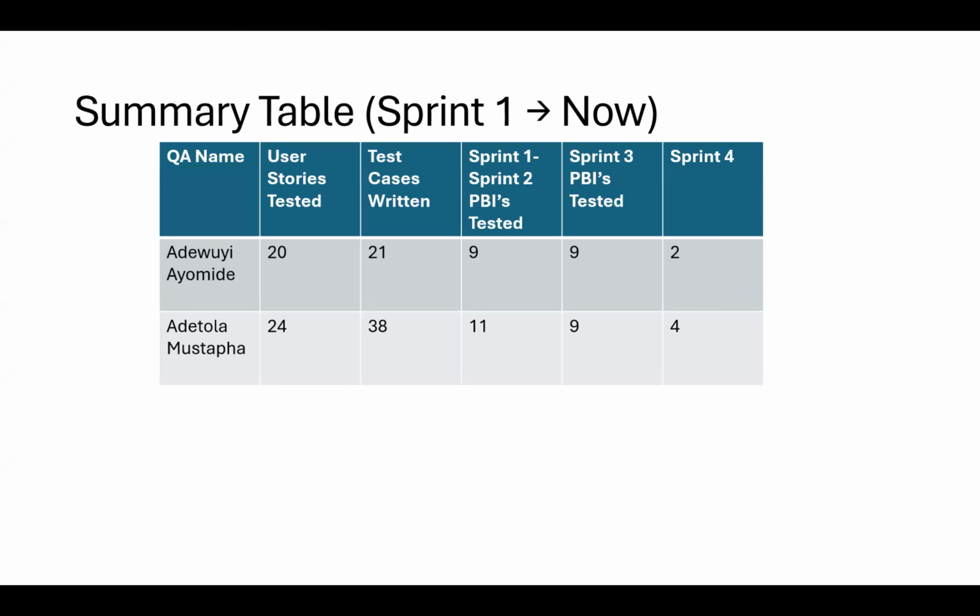Oh yeah, thank you. So this is our summary table from sprint 0 to sprint 2 now. My colleague worked on 20 user stories, while I did 24. You can see that the test cases written by either of us go up to 59, I think.